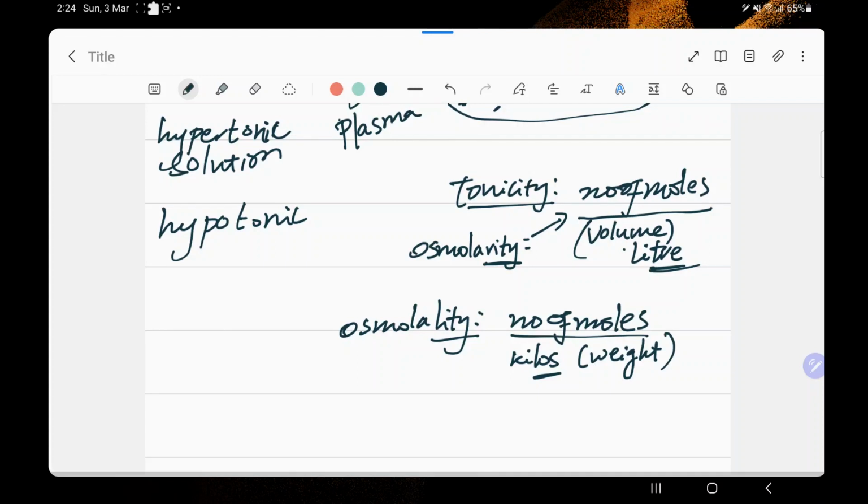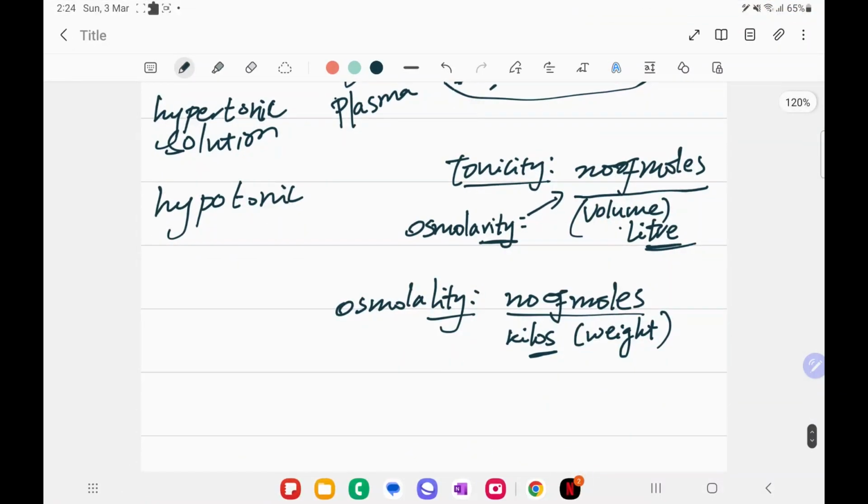Now, what's the difference? Osmolality is more accurate. Why? Because it's based on the weight of the fluid, not the volume. You see, volumes expand and contract with different temperatures. So if your body temperature expands or contracts, the volume will change accordingly. However, if your kilos of water is the same, it will be the same whether you make the solution cold or warm.